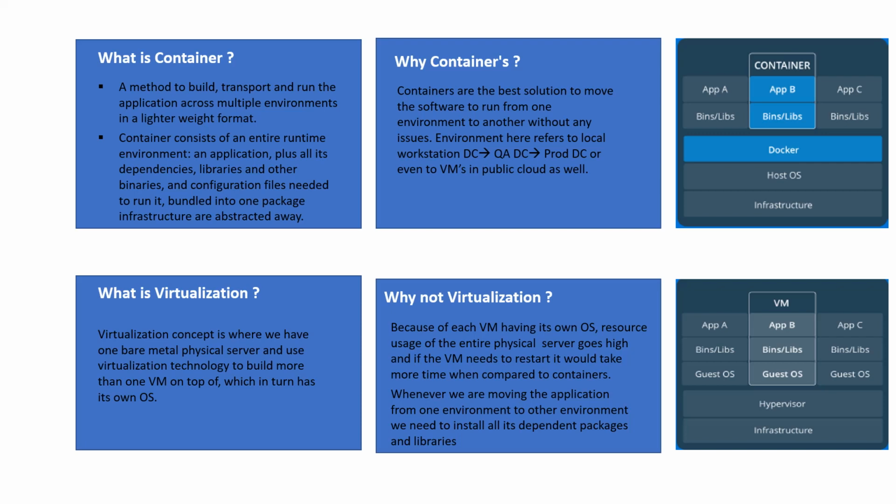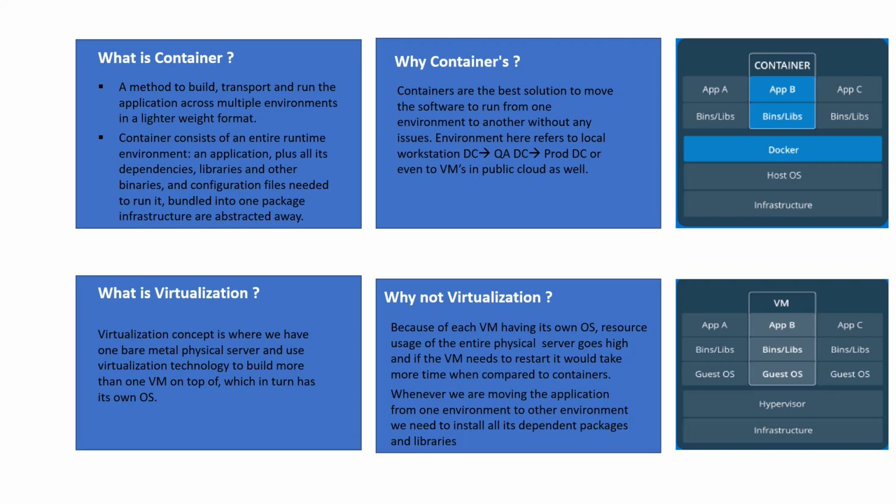Now, the problem we see with virtual machines: assume this highlighted one is the development environment, and the next one, C, is a virtual machine I have built for my UAT or staging environment.